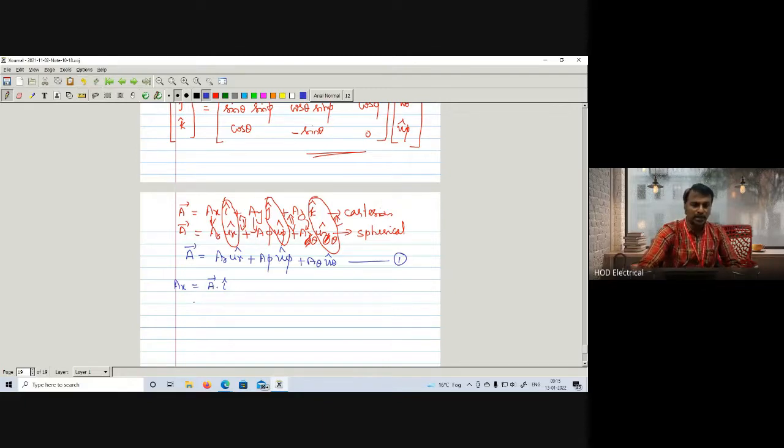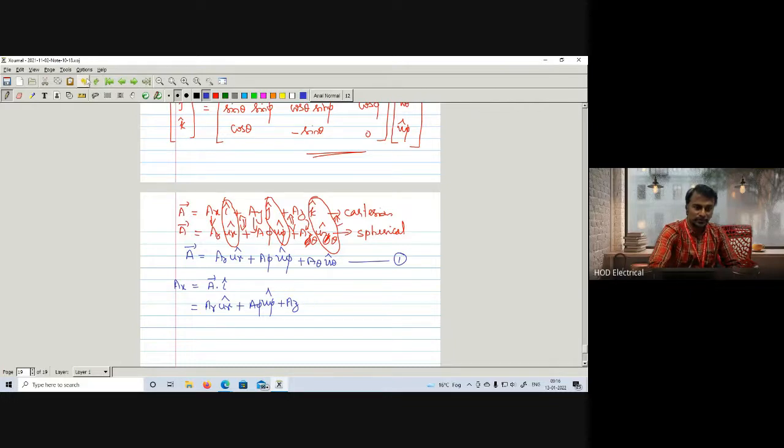So if you do that, we know what the A vector is. We can substitute here Ar in the u r hat plus A phi in the u phi hat plus A theta in the u theta hat, dotted with i hat.